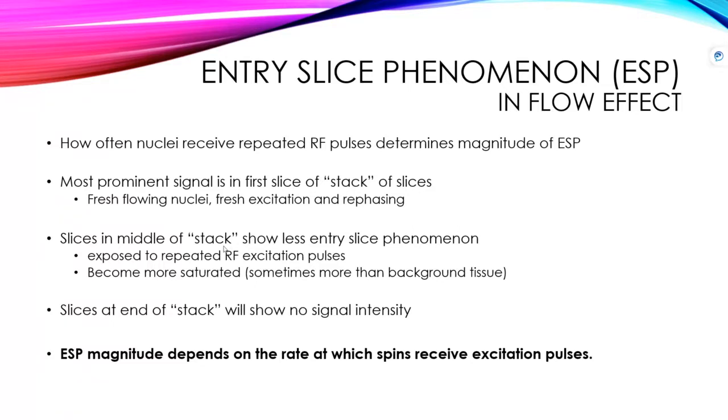In the middle of the stack, they're starting to exhibit less of that entry slice phenomenon because now they've been exposed to a few more excitation pulses, and so they're starting to get a little bit more saturated. Remember, this is with a short TR, and so we're kind of pushing them into the transverse plane over and over again without much longitudinal relaxation. By the time we get deeper into the stack, they have been pushed into the transverse so many times without relaxing that we have now saturated them out.